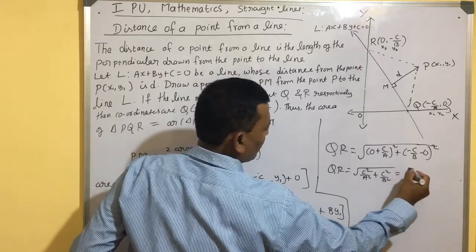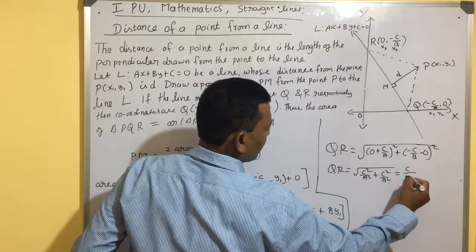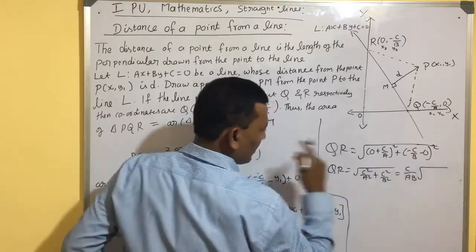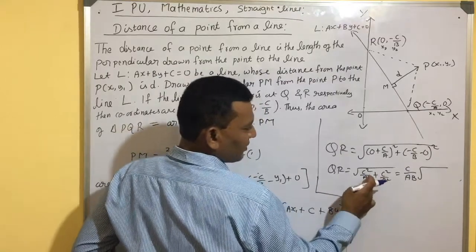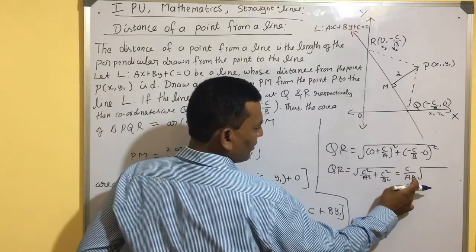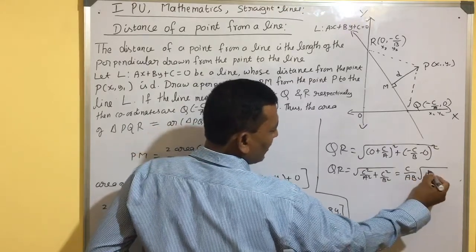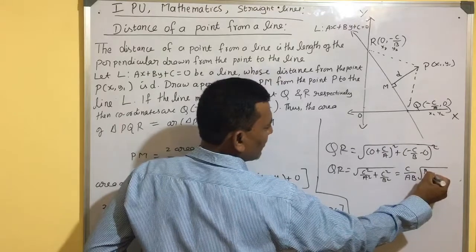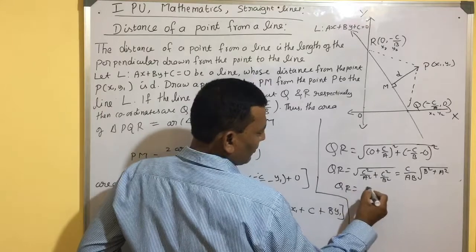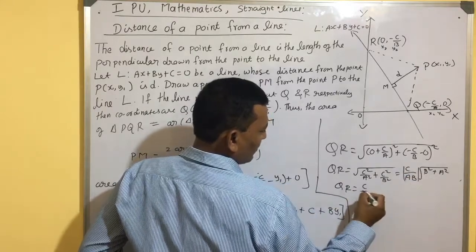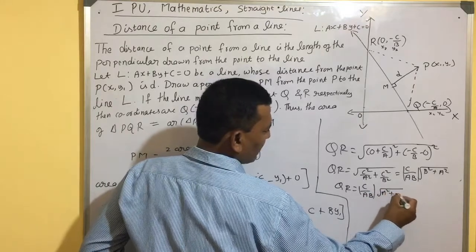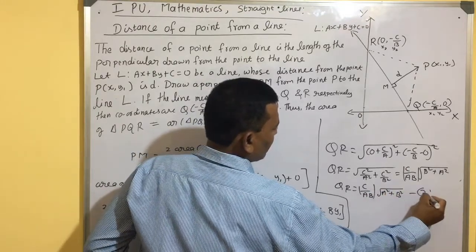We can do one thing, we can take c by ab common, then we get here c square is common, when you take c outside, c is gone, so there will be only a square here, so we have taken out a, there is also b, we have taken b, there is no b here, therefore it becomes b square and this becomes a square. So we got QR is equal to modulus of c by ab, directly we can write this as root of a square plus b square. We call this as equation 3.